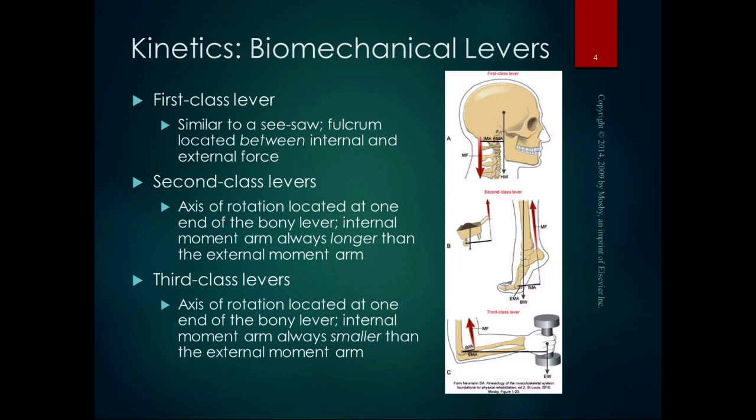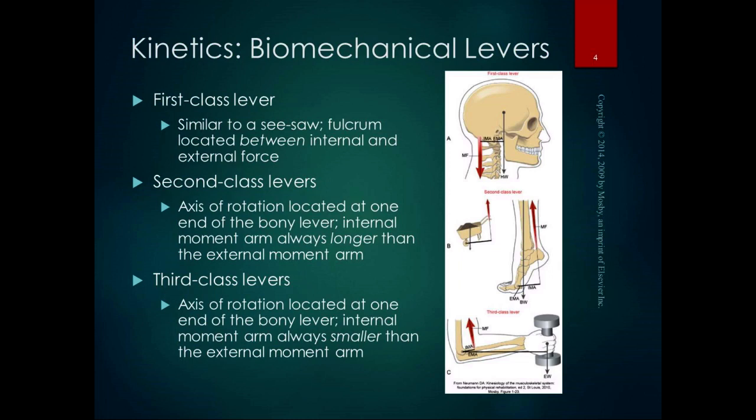And I'll tell you some acronyms for each of these. So the second class lever, the axis is on one end, the force is on the other, and the resistance is in the middle. The way they say it in our text, the axis of rotation is located at one end of the bony lever. Internal moment arm is always longer than the external moment arm.